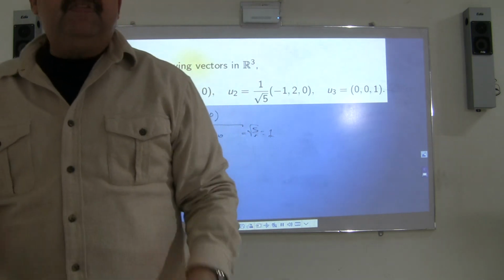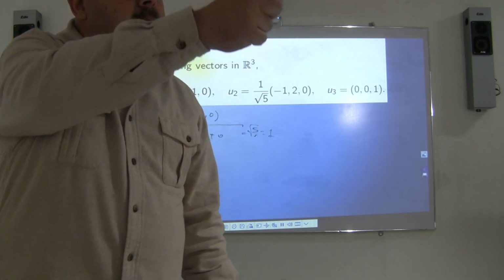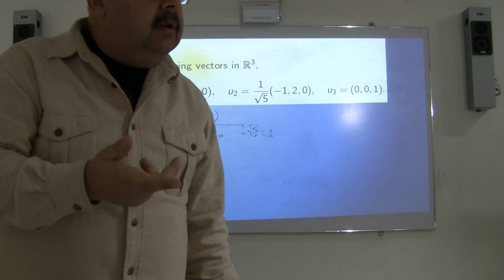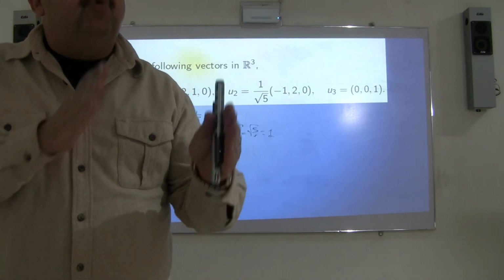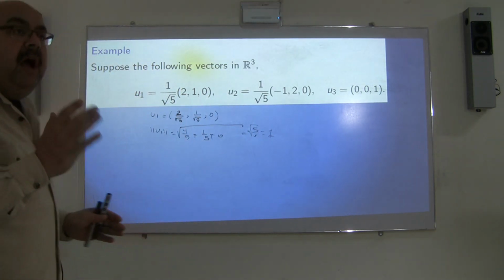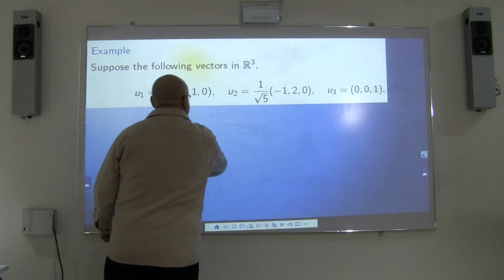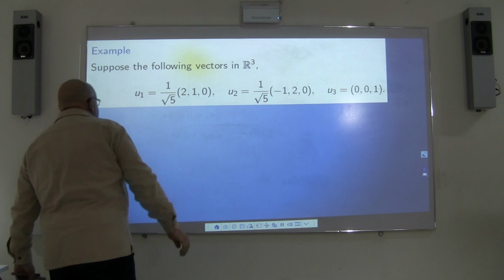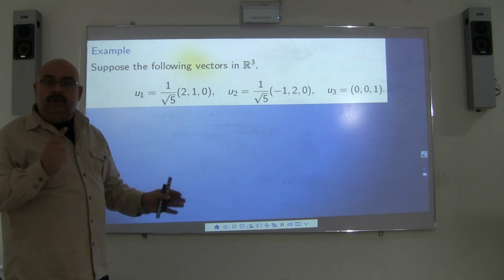Am I right? Are they orthogonal? You have 3 vectors. Do they form an orthogonal set? Ziad, what do I do to know whether it is an orthogonal set or not? Multiply them with each other, 2 by 2.